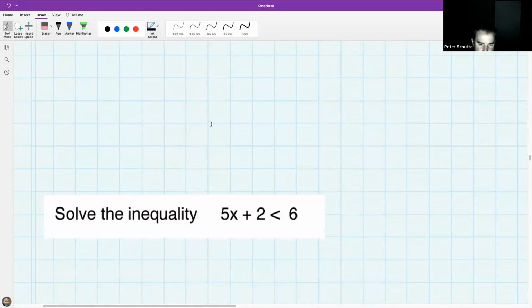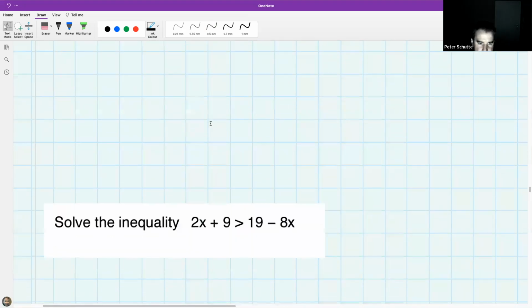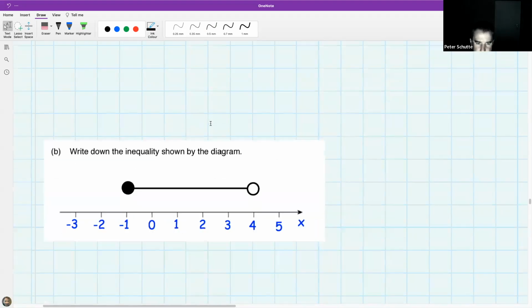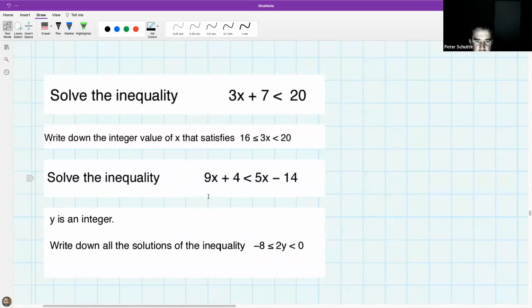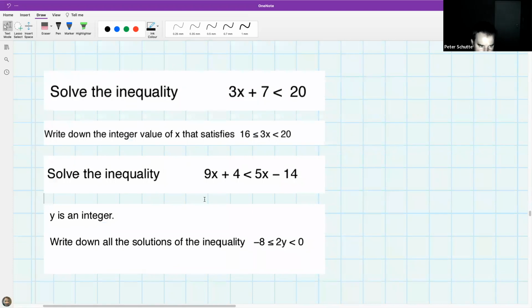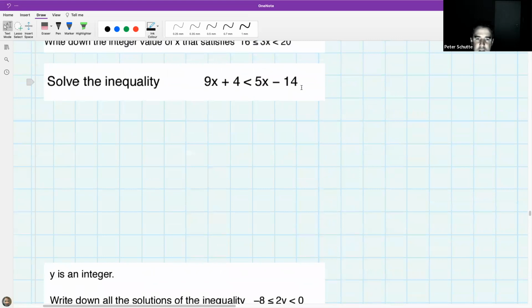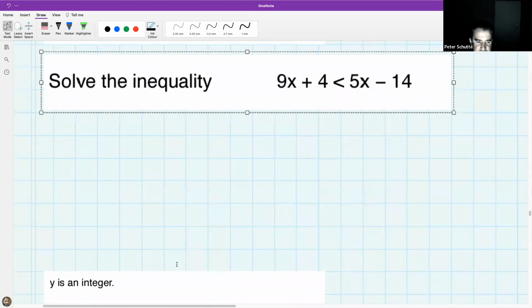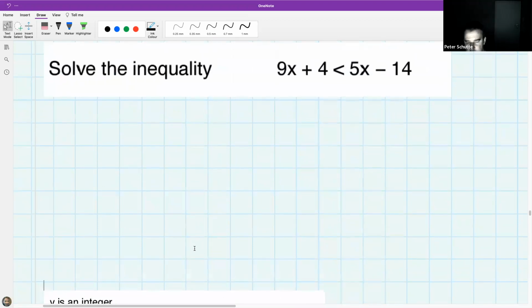Okay, so that didn't seem too hard for you guys, which is great. Let's go and find something a little bit more exciting for you. Let's go down further. I want everyone to try and solve that inequality. Can you solve that inequality for me?